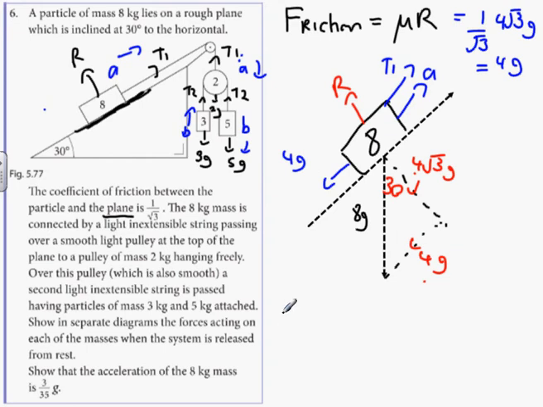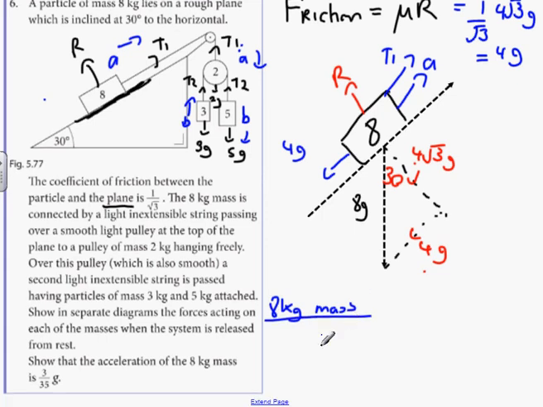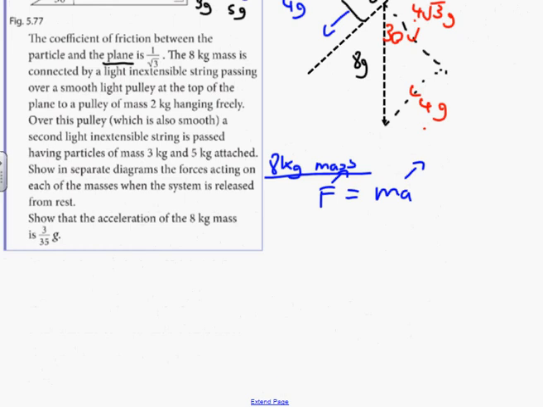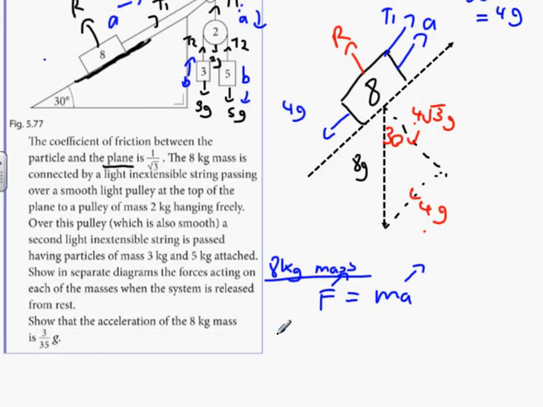Now, the 8 kilogram mass. So guys, the 8 kilogram mass, we're going to start with F equals ma. Okay, somebody start me off. A is going this direction, F is going this direction. What starts the whole equation off? T1, dragging it up to the right.